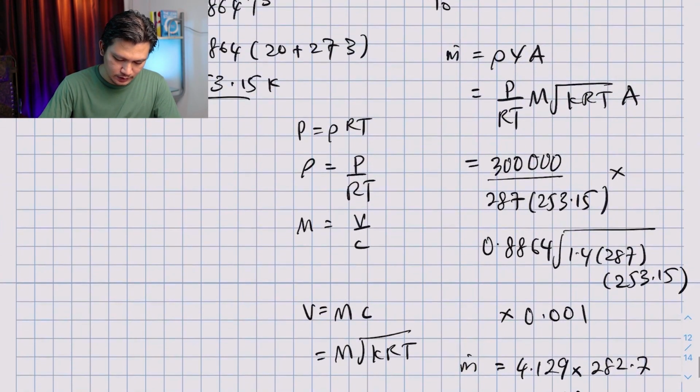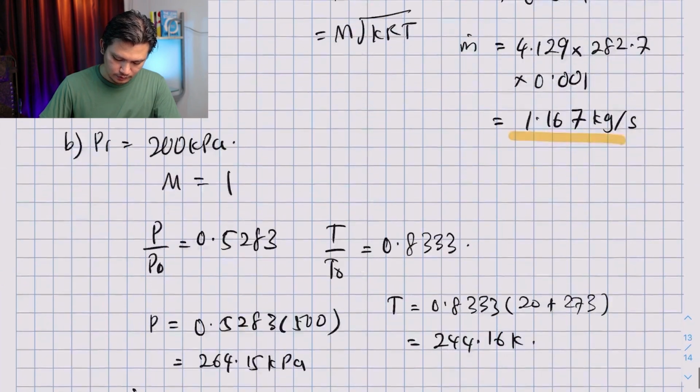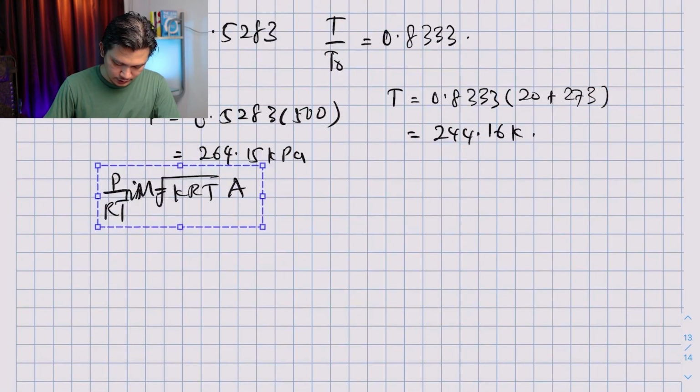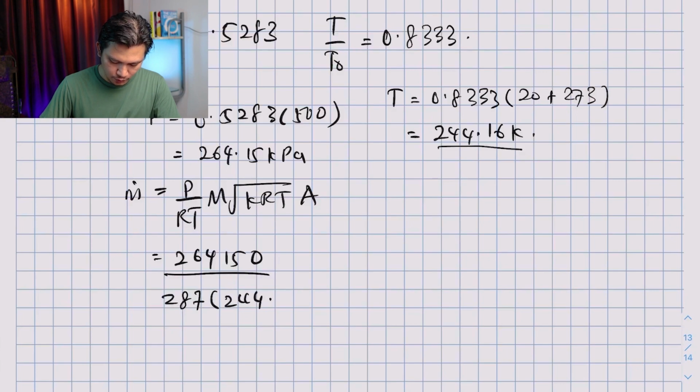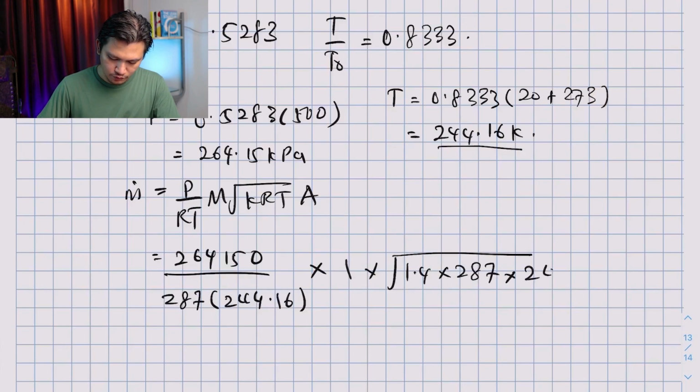I'm just going to copy this and put it here. Our pressure now is 264,150 over R, which is 287, T is 244.16, times M is 1, times the square root of 1.4 times 287 times 244.16, times area is 0.001.